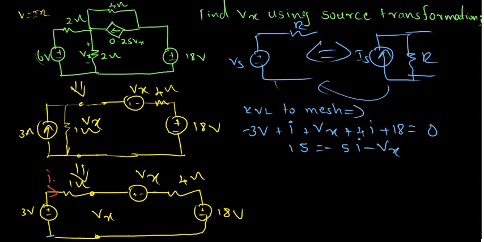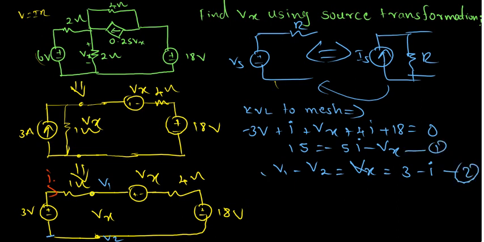We need to find Vx from here to here: V1 minus V2 is equal to Vx, which is 3 minus I. When we plug this in, we conclude that I is equal to minus 18 by 4 amperes, so I is equal to minus 4.5 amperes.